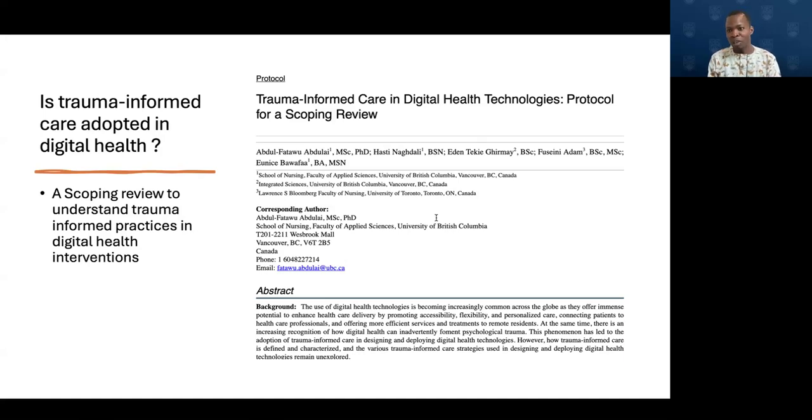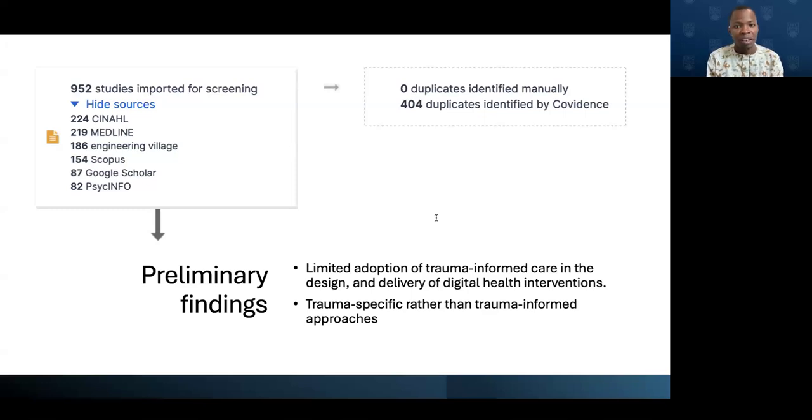We published the protocol last year, and we are now undergoing data screening and extraction for the studies currently. We had only 952 hits, and then 44 duplicates were removed, leaving us with 548 for review. And while we are yet to review this literature, the limited number of hits tells you that this is a less researched topic.